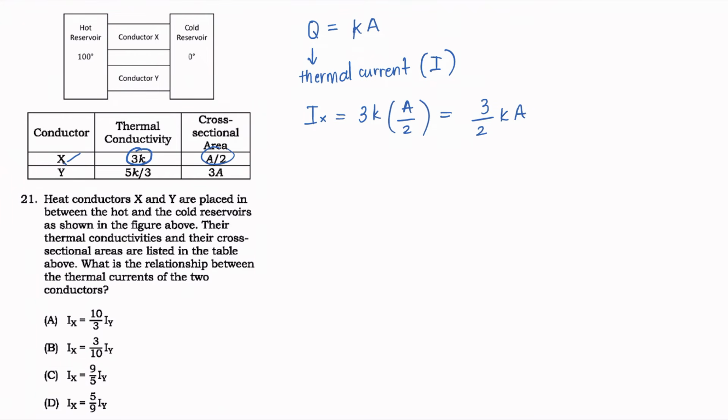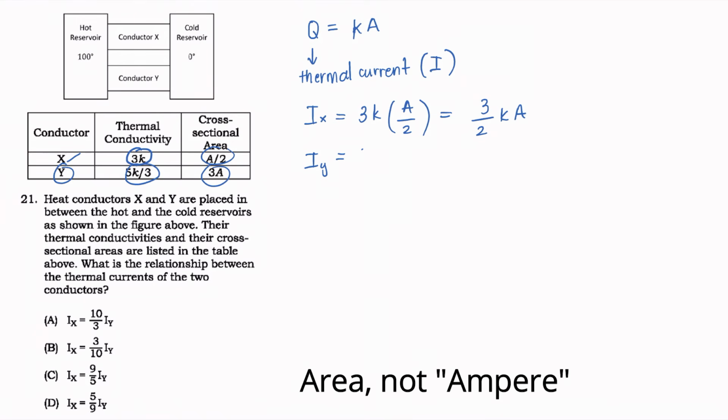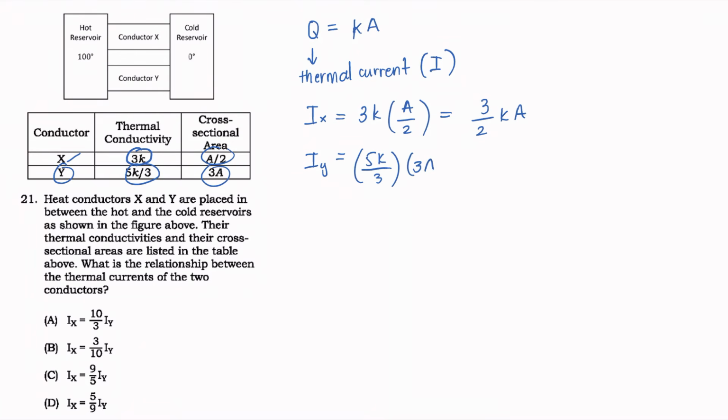Yung thermal current naman for the Y conductor is I sub Y is equal to 5K over 3 times 3A. Makakancel yung 3, magiging 5 times thermal conductivity times area.